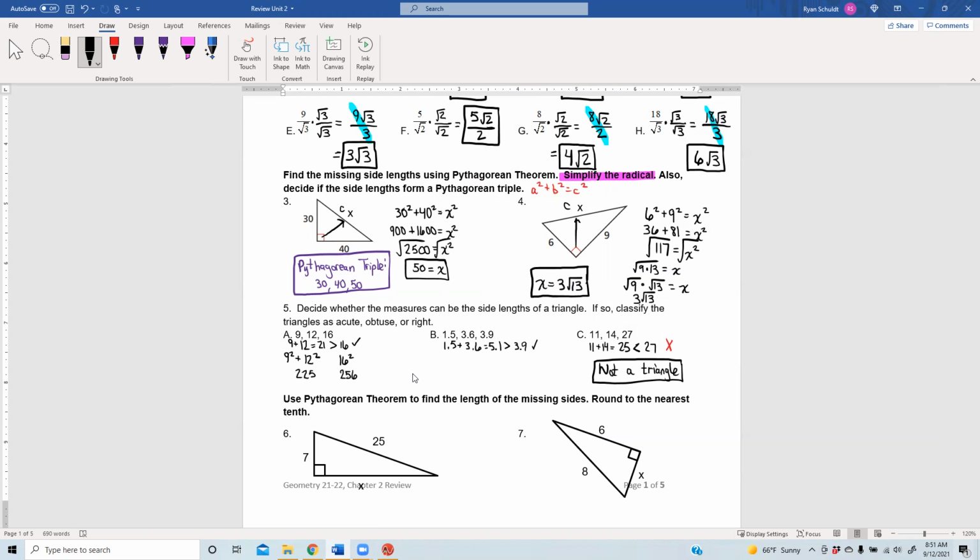Which one's bigger? The C squared is bigger. When C squared is bigger, this is going to be obtuse.